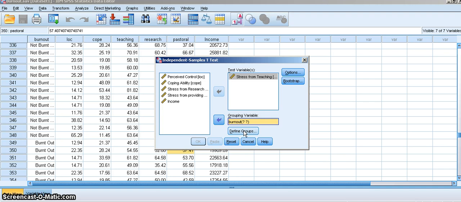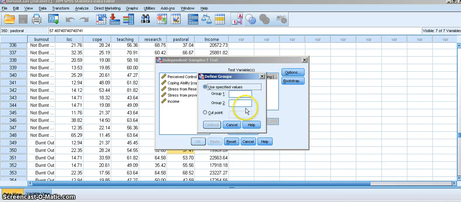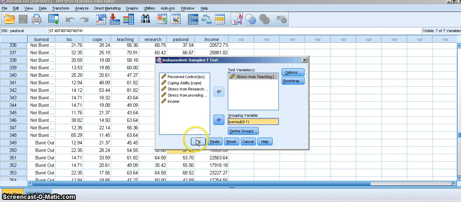To define our groups, we need to click on a little button, and I know that my groups are coded as 0 and 1, and it doesn't matter in what order we put them in. And we're gonna click OK.